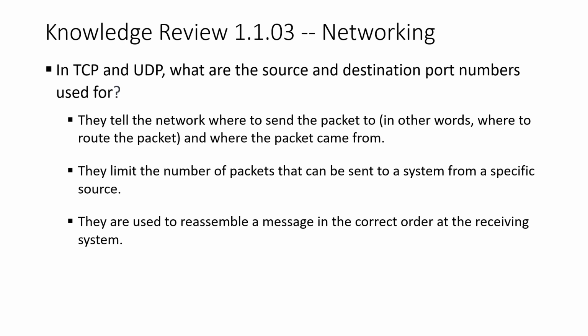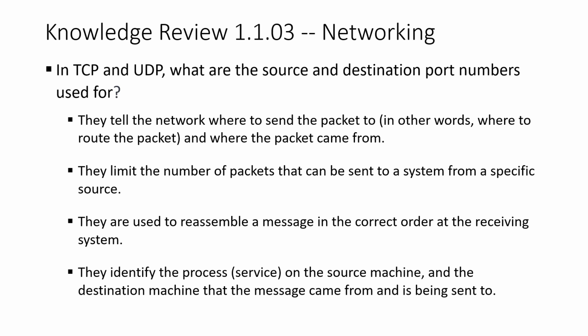They are used to reassemble a message in the correct order at the receiving system, or they identify the process or service on the source machine and the destination machine that the message came from and is being sent to. The answer to this is they identify the process or service on the source machine and the destination machine that the message came from and is being sent to.